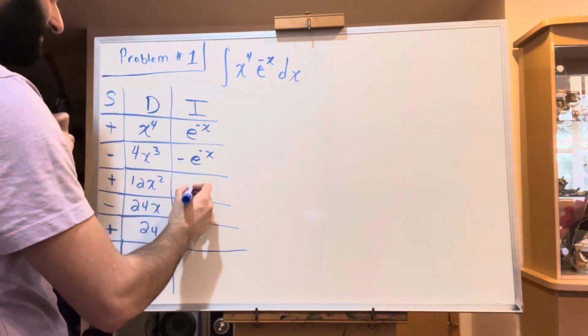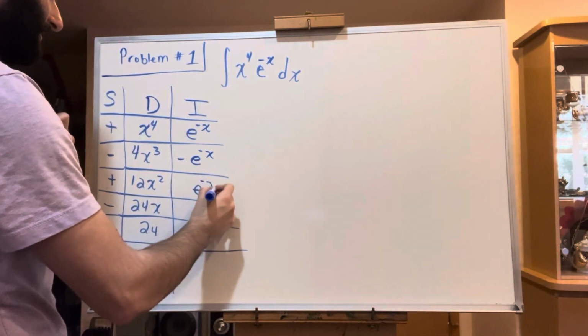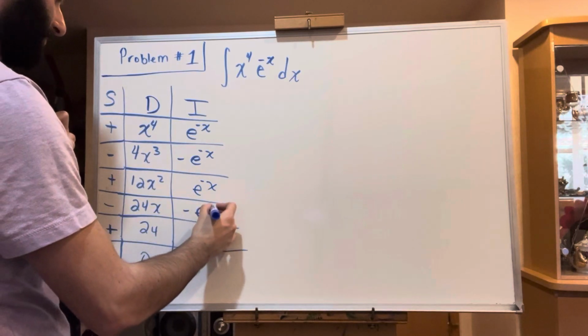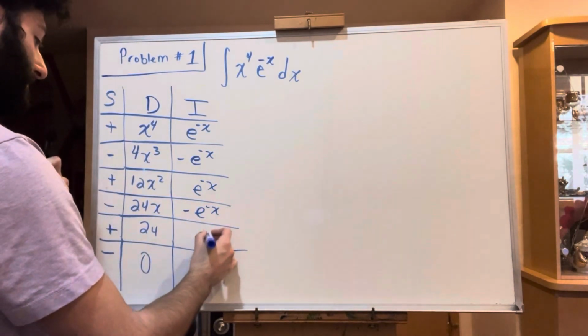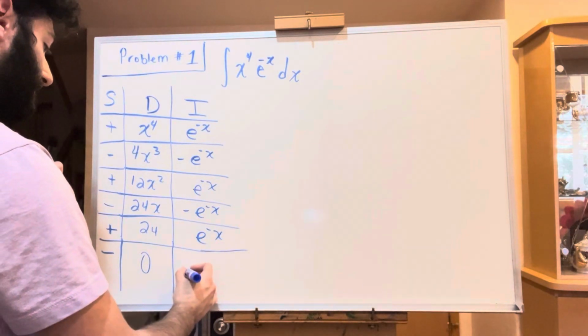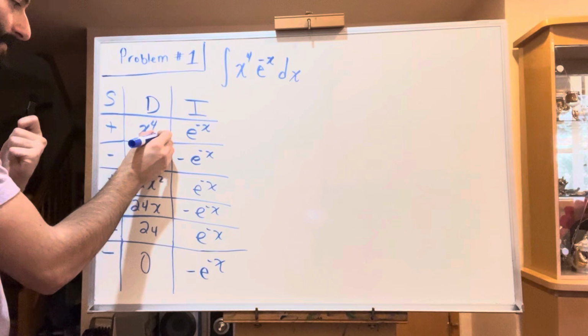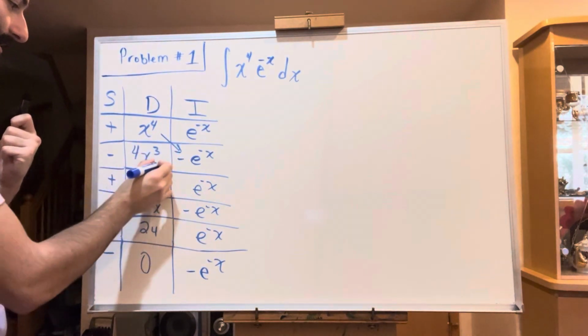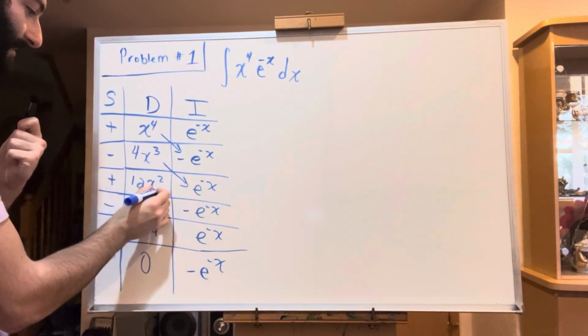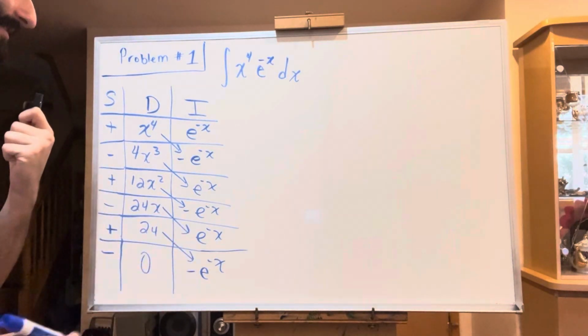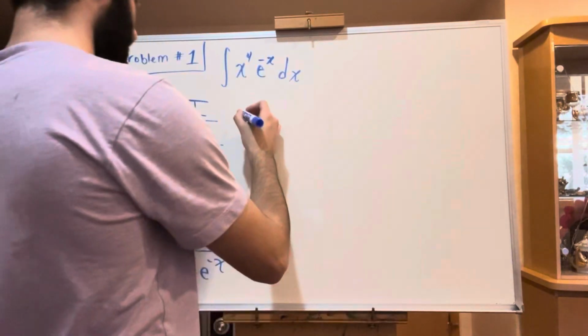We do it over again: e to the negative x divided by negative 1. Pretty straightforward. And now, multiply, multiply, multiply, multiply, multiply. And what do we get?